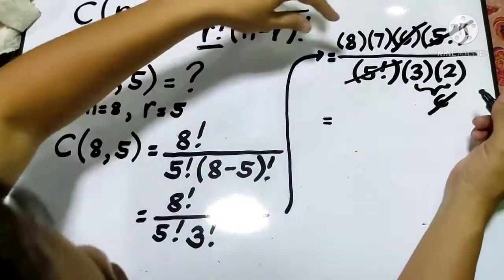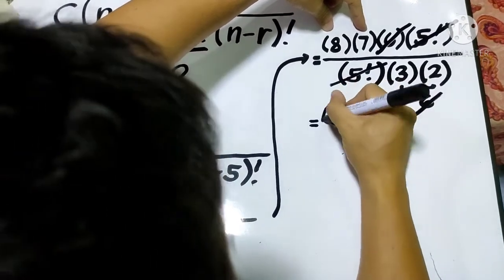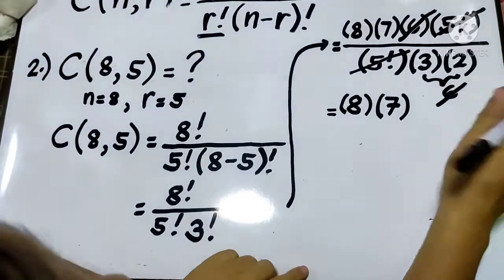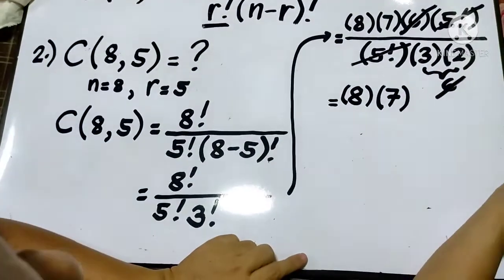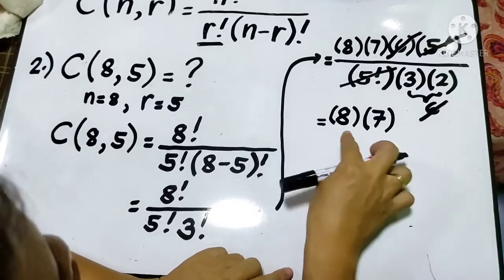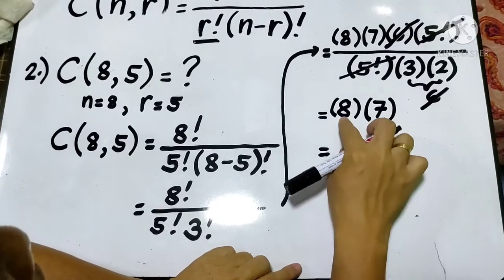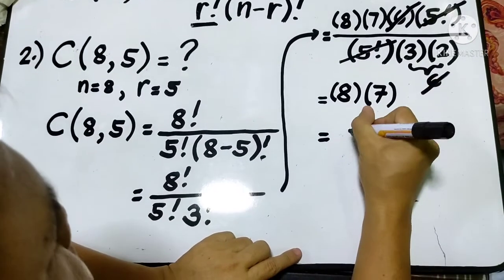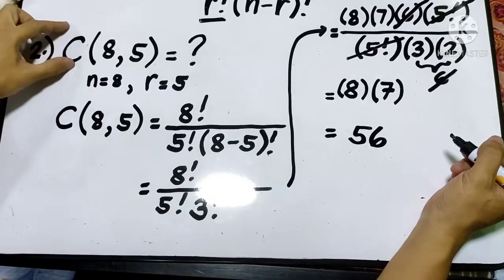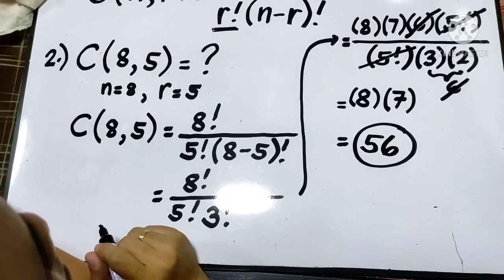What is left in the numerator? 8 times 7. Is there anything left in the denominator? None. Nothing is left in the denominator, so this is all. It is equal to 8 times 7, 56. So the combination of 8 taken 5 is 56.